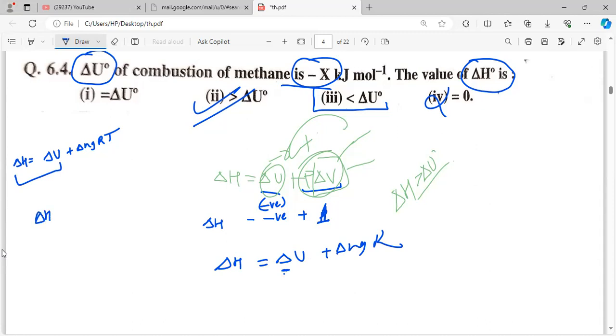Delta H is equal to delta U plus delta n g RT. Sir, in both these cases you are adding something with delta U, so adding means it should be like that. Yes, sir. Okay, we'll see this question.